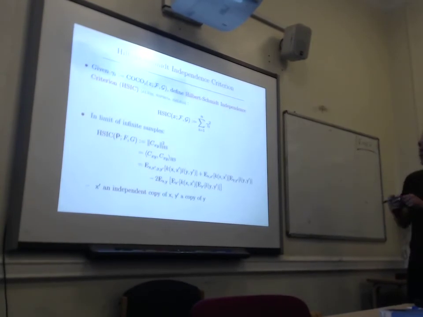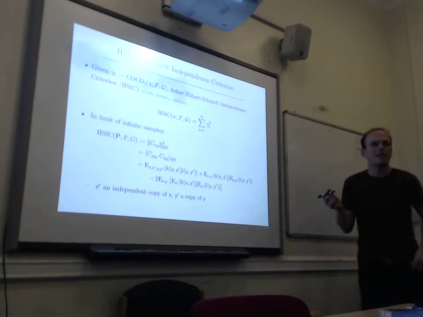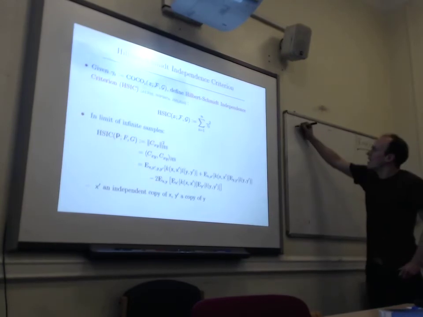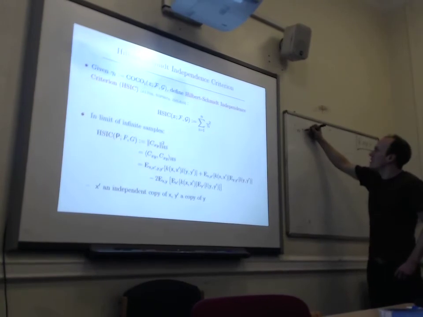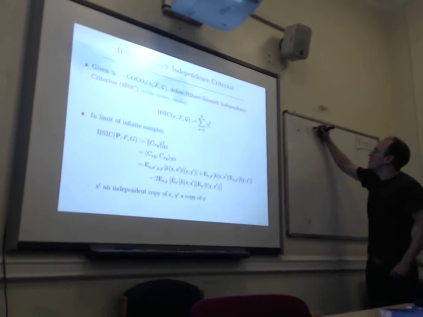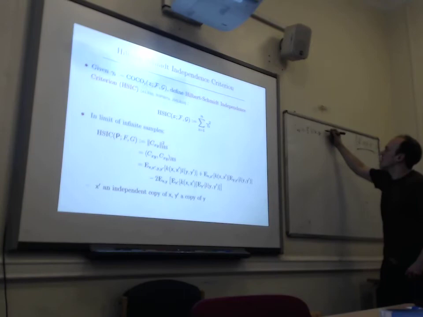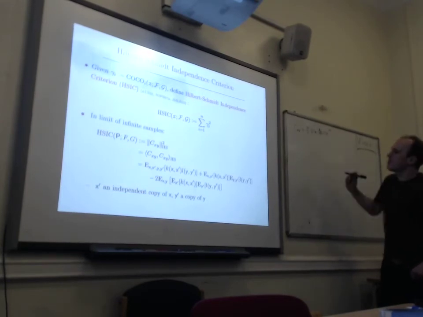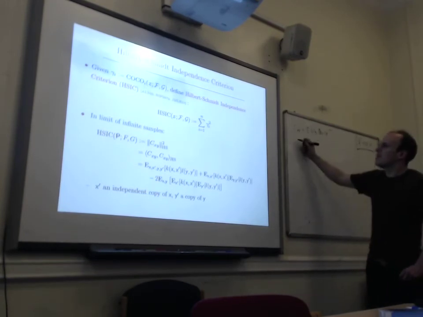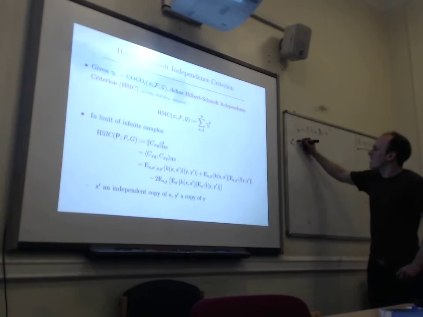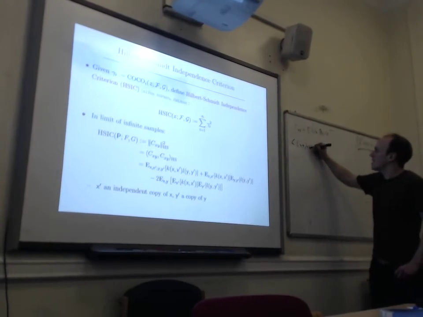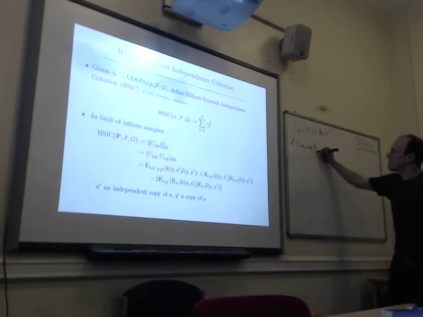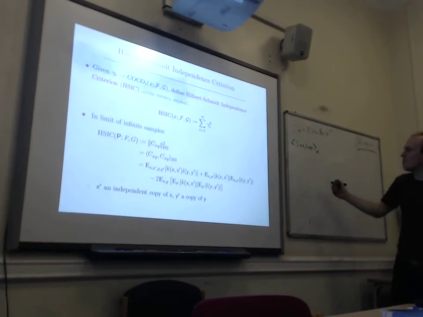Let's forget about all of the centering terms and pretend that our covariance operator is just the expectation of phi x tensor phi y. So, forgetting about the centering terms, now what we have is C_xy, inner product, so that's the squared Hilbert norm.